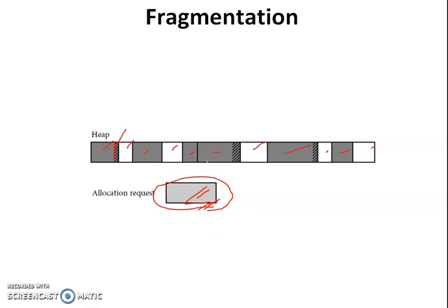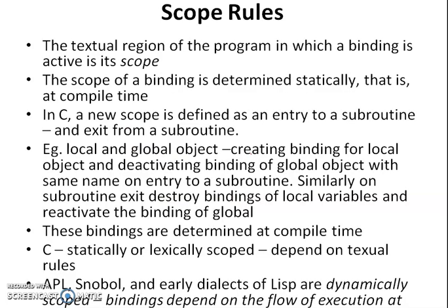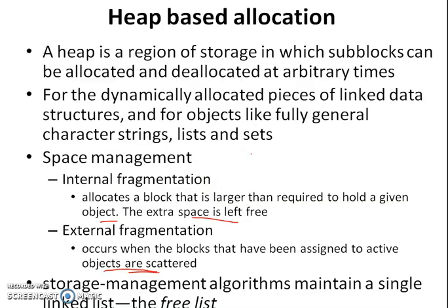In order to fit this block, you have to identify the free blocks that are available and divide the requested block among those free blocks. So that is external fragmentation.